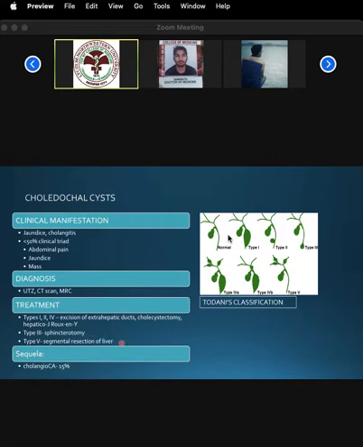For type 5, we may do segmental resection of the liver with the most number of ductal cystic malformations. Okay? One of the most common or dreaded sequelae would be development of cholangiocarcinoma in 15% of patients.